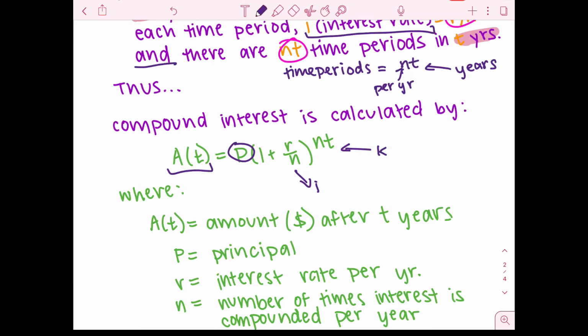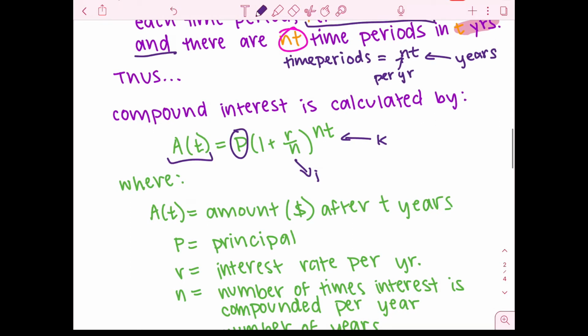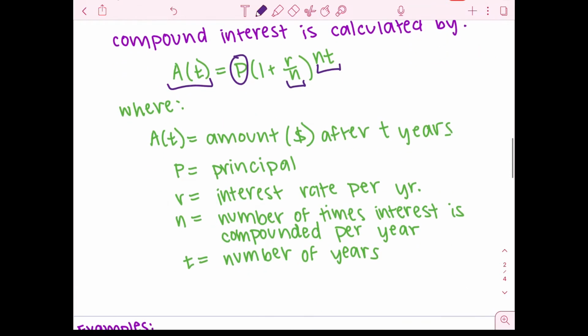All right, hopefully that wasn't too confusing. Just for the sake of this video, I'm going to erase I and K because I don't want you guys to get confused. These are the variables that you should be using in this case, okay? And just to define some terms, A of T is the amount of money after T years.